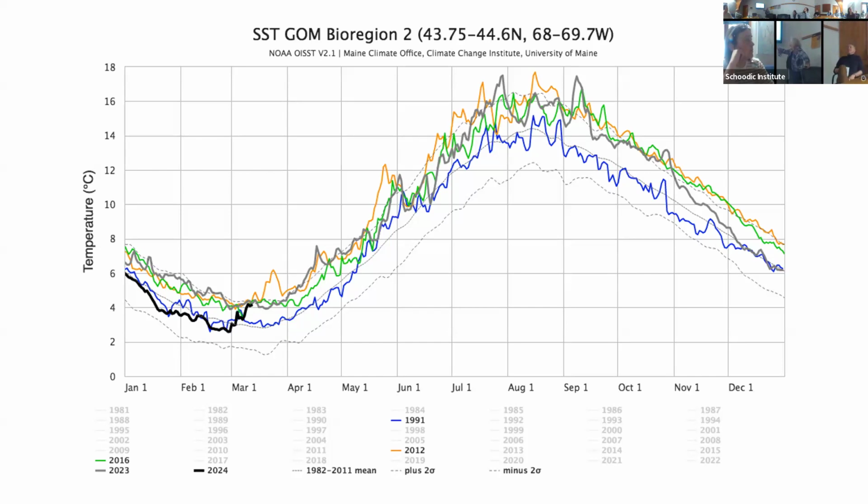So I left the 1991 on, in blue. 2012 was our first really bad marine heat wave in Maine, so that's in orange. And 2016, which was also a heat wave, is in green. And 2023, which was pretty warm too, as you can see, is in gray. And then this year through about last Friday when I captured this.